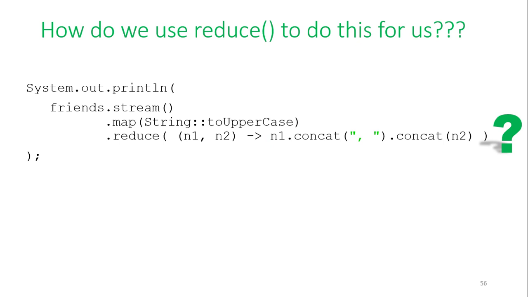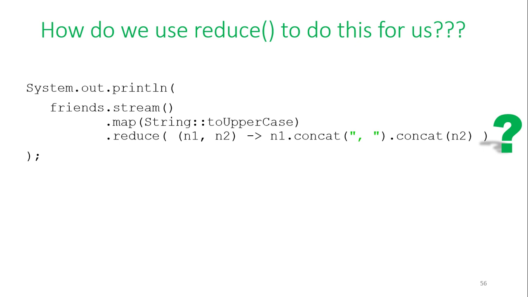It's exactly what I described in higher level terms, okay? We are calling the concat method on parameter n1. n1 is a string, okay? Remember, our stream generated from friends contains strings. So we call concat and we say, I want to append at the end of the string n1 a comma and a space, okay?